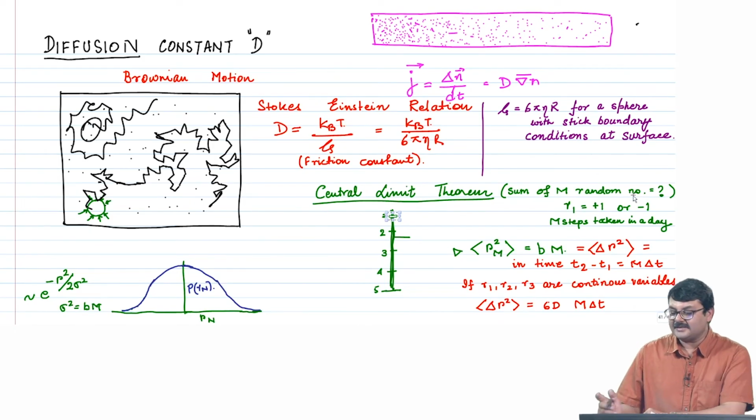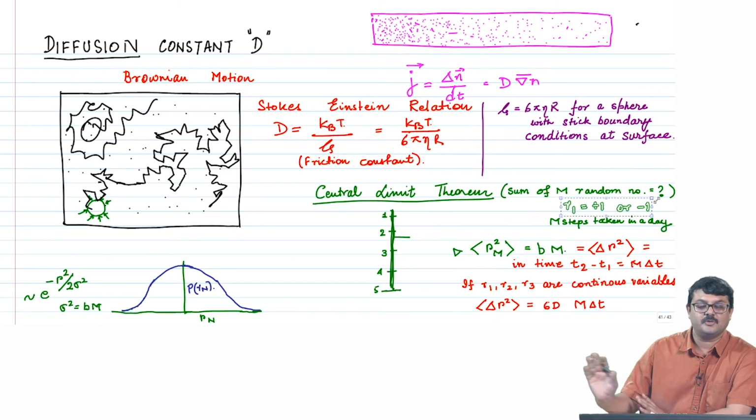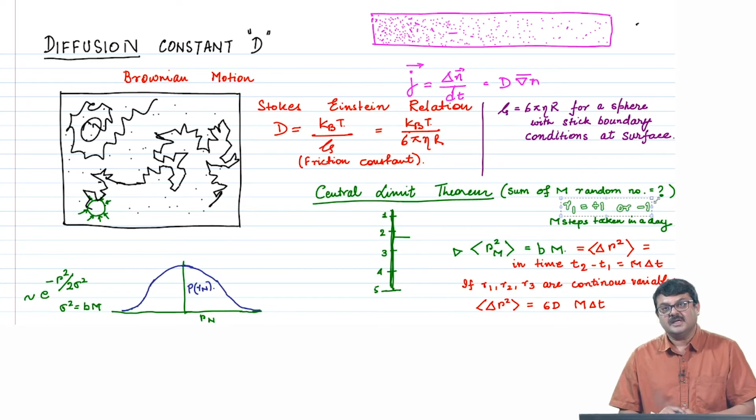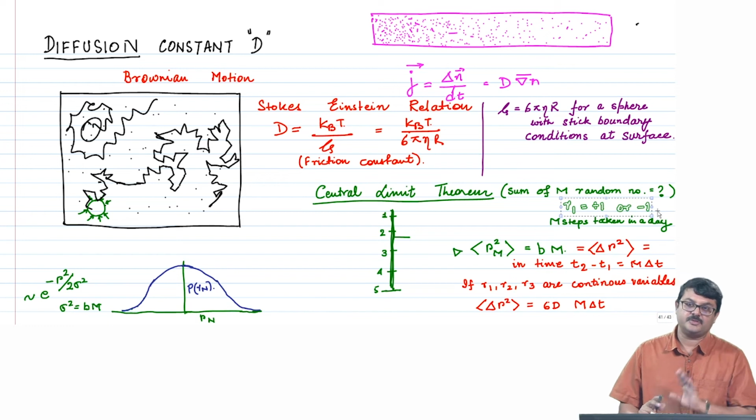Suppose the length of his steps is 1 in some units, 1 meter or 1 foot, it does not matter. If he moves to the right, we say he has moved plus 1, and if he moves to the left, we say he has moved minus 1.